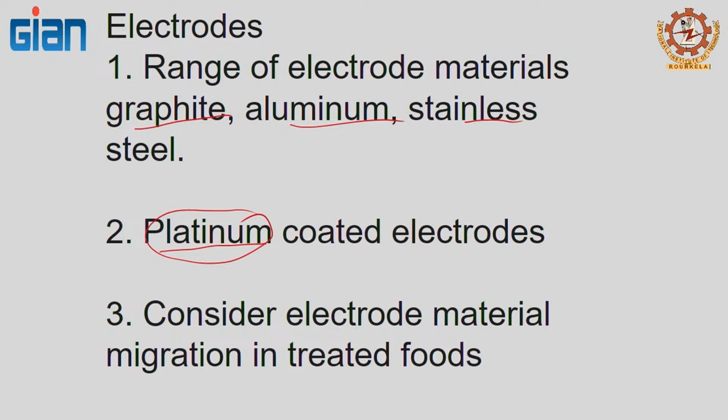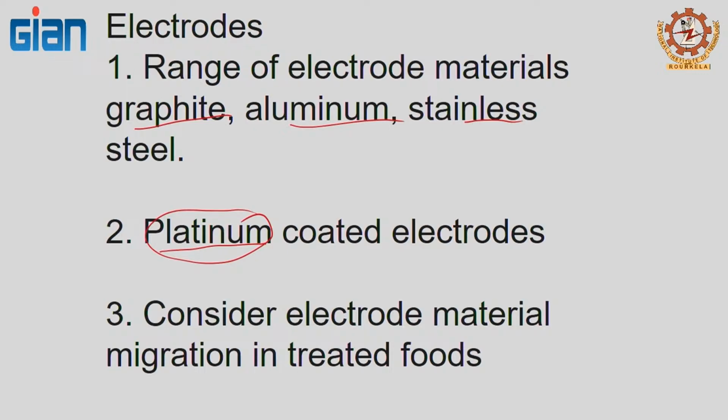Otherwise, what may happen is you may pit the electrode. In other words, with passage of electric current over so many uses, some of the aluminum or metal particles can migrate into food, which is also not desirable, because from a regulatory point of view, you have to maintain the food products free from any foreign objects.